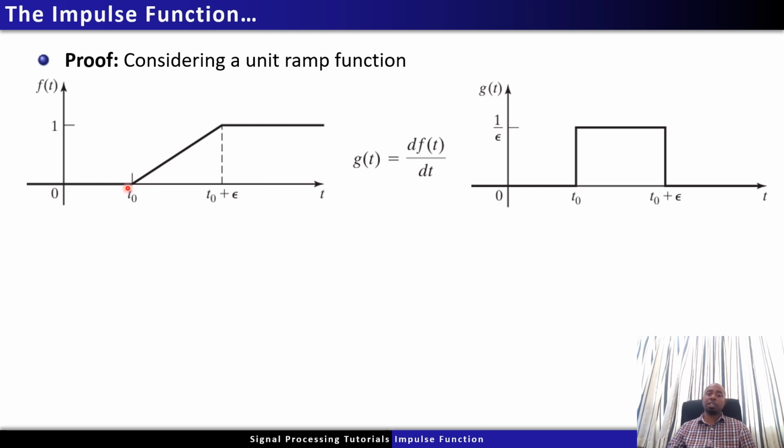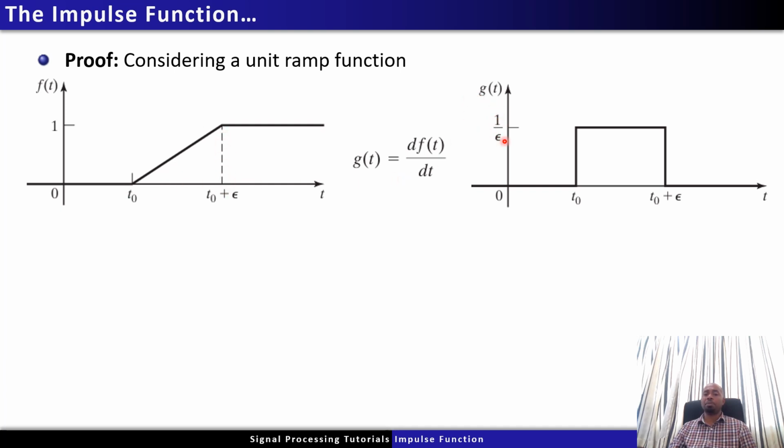The only non-zero derivative is between t naught and t naught plus epsilon, in which case we have the vertical change, which is 1 in this case, divided by the horizontal change, which is epsilon. This is 1 over epsilon: change in y divided by change in x, in this case vertical and horizontal.